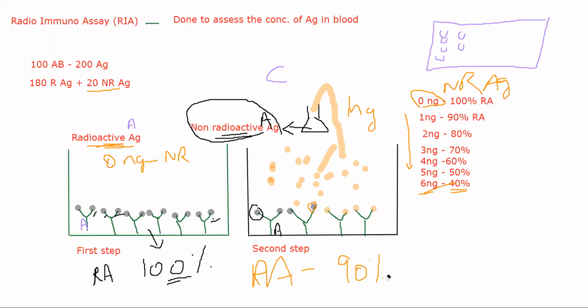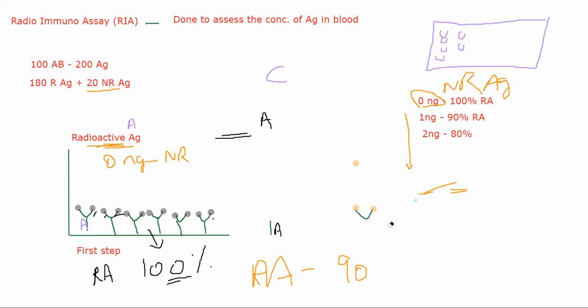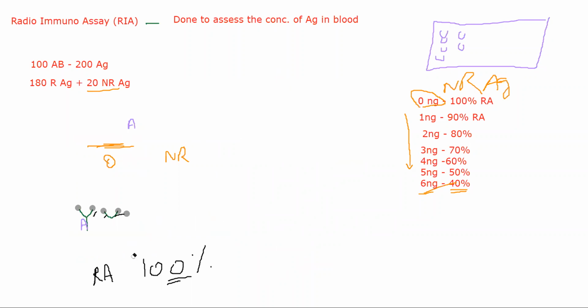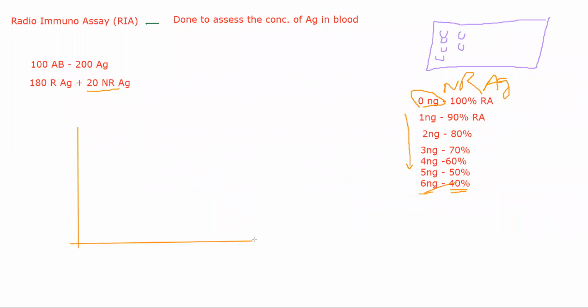If I plot that graph, let's suppose I take one graph of that, and I keep the parameters here: percentage radioactivity, and here the concentration of non-radioactive antigen.